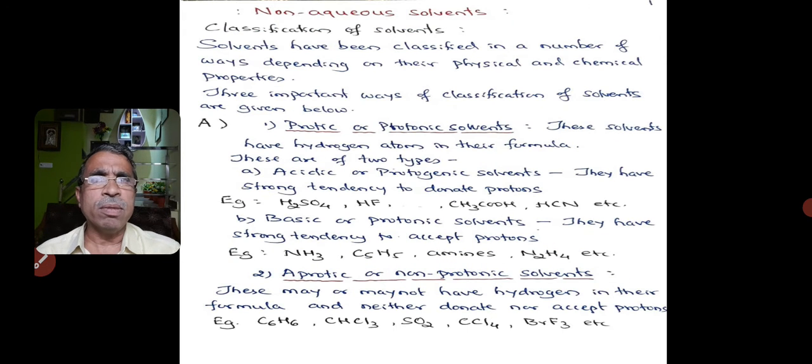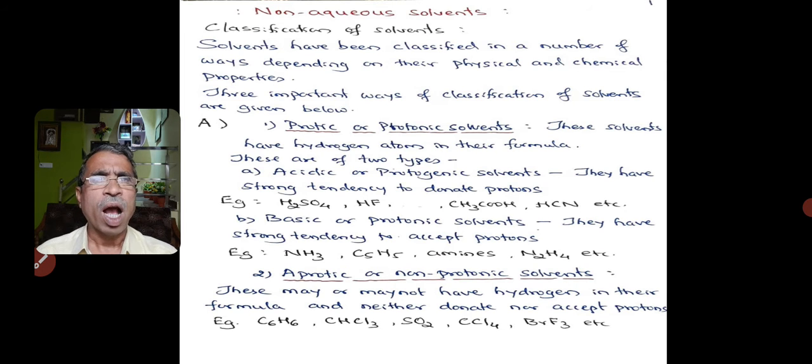Now coming to the first one, protic or protonic solvents. These solvents have hydrogen atom in their formula. The word protic refers to hydrogen. There are two types of protonic solvents. One type is acidic or protogenic solvents and another type is basic or protophilic solvents.